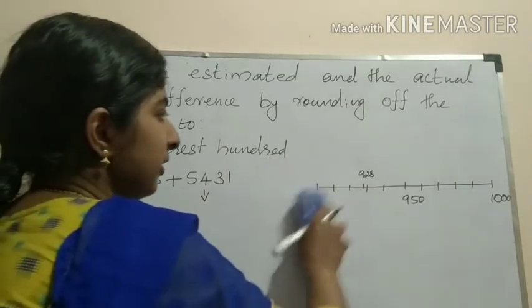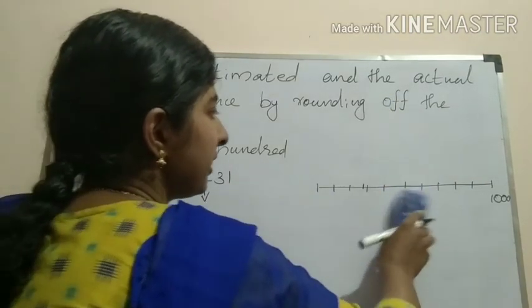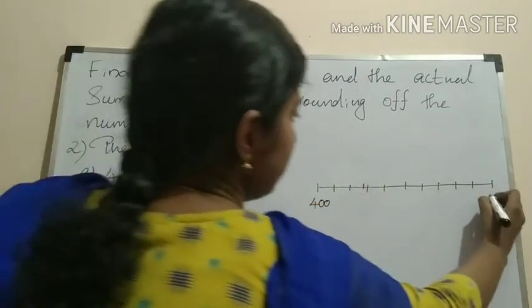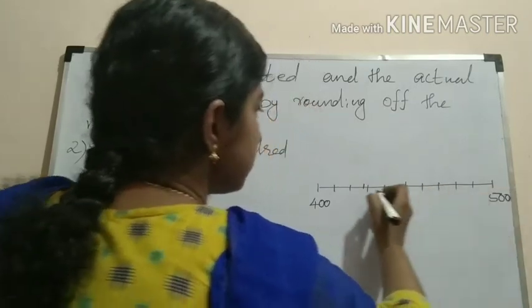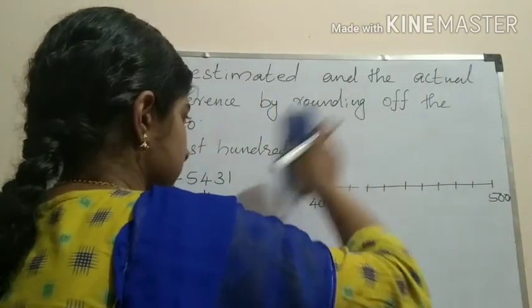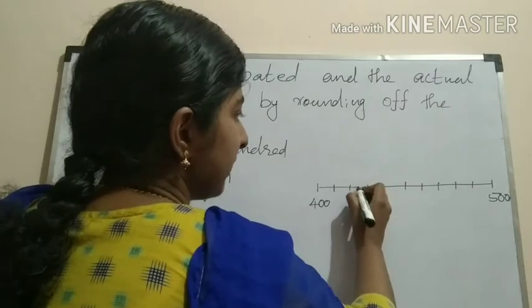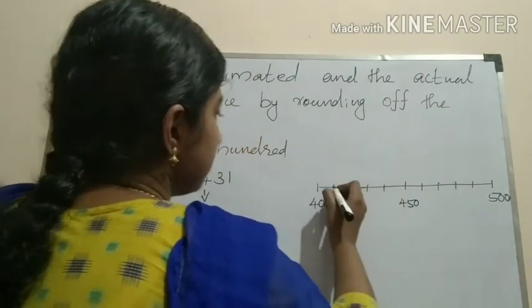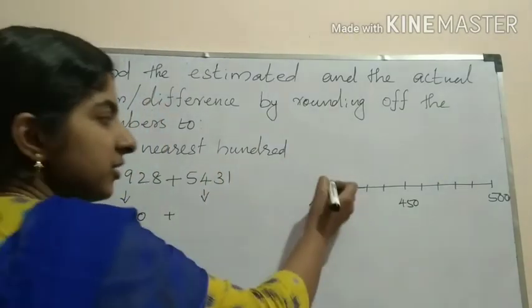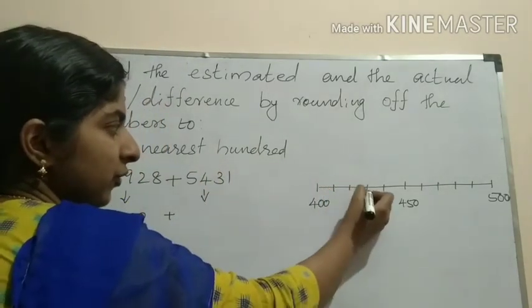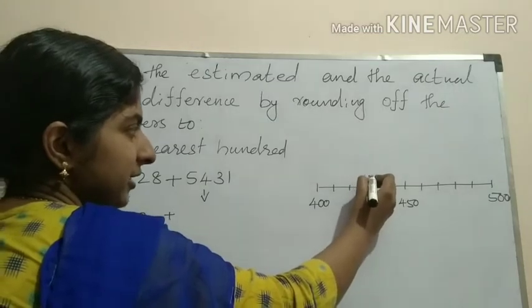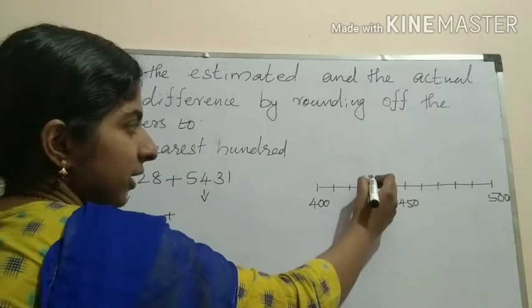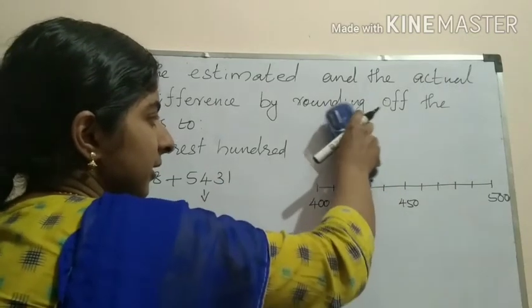431. 431 lies between 400 and 500, isn't it? This is 450. This one is 410, 420, 430. 431 is here.